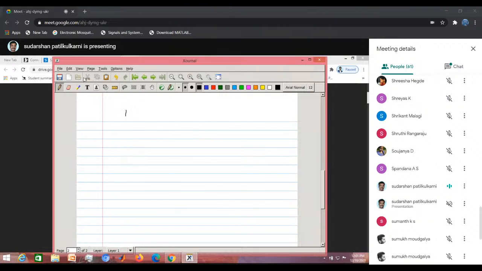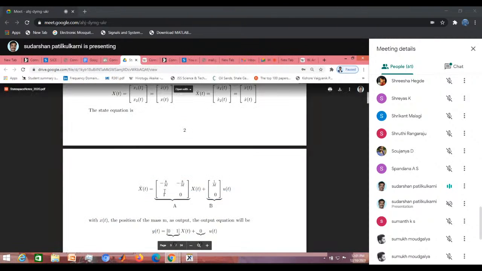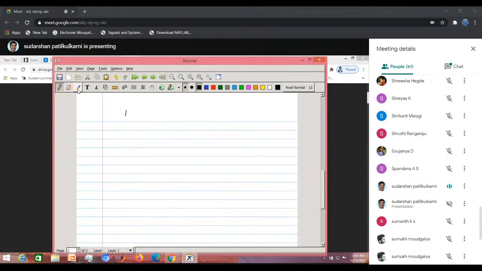First, write s into identity matrix. That is a 2 cross 2 matrix.